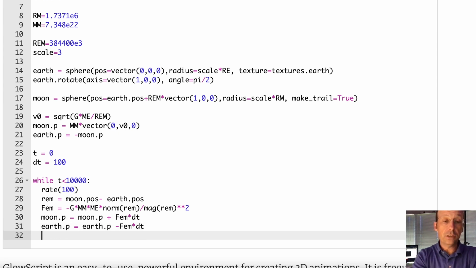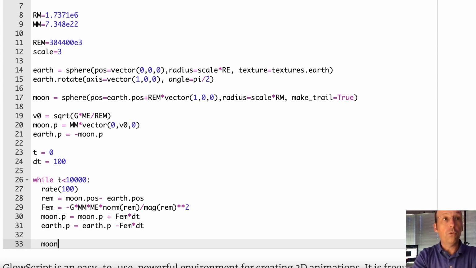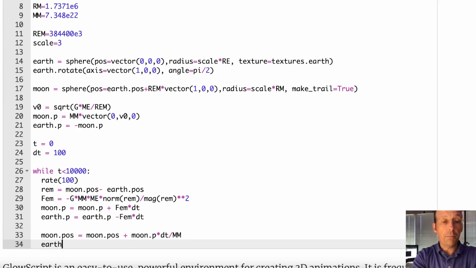Now I need to update their positions. So moon.pos equals moon.pos plus moon.p times dt divided by the mass of the moon, and likewise for earth.pos. You could do the mass as a property of the object, like moon.m. I normally would do that, but I'm just trying to get these things done.